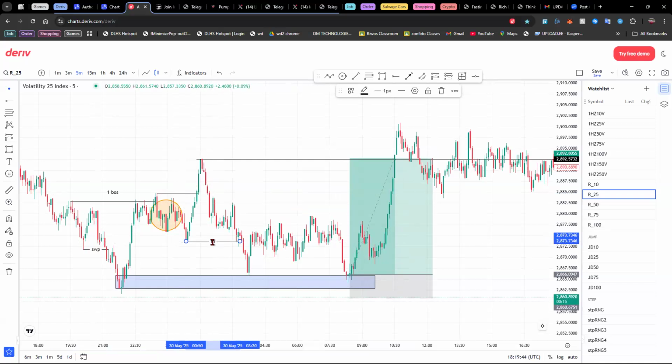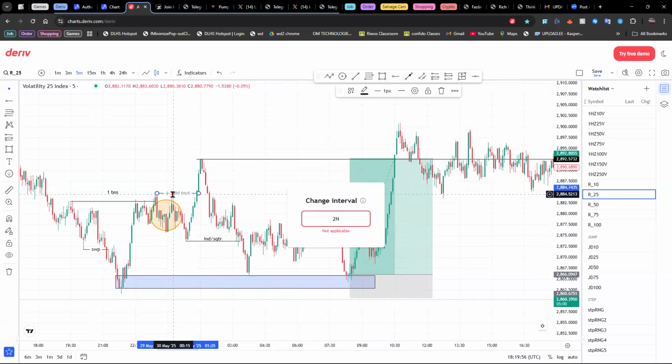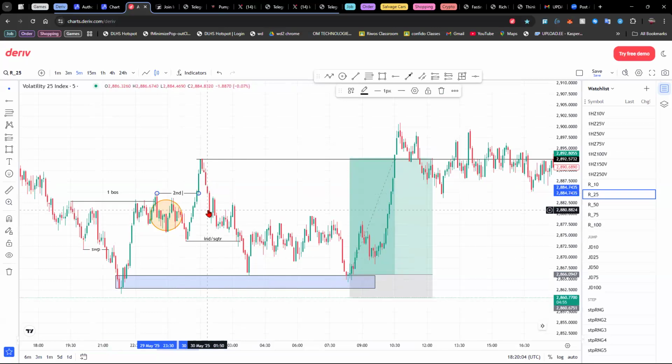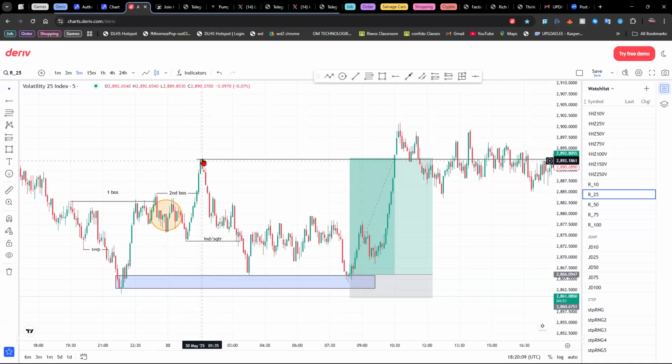So this is your inducement or structural liquidity. Then this here gives you your second break of structure. And this is where your TP is.